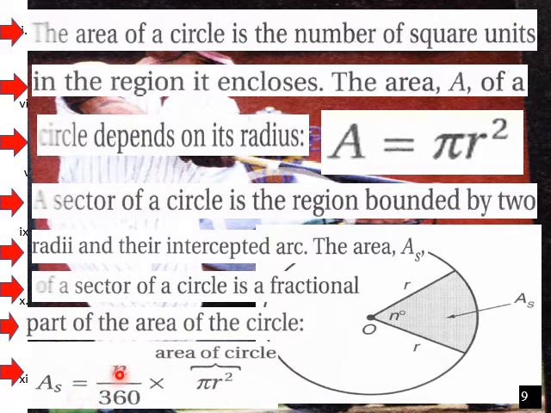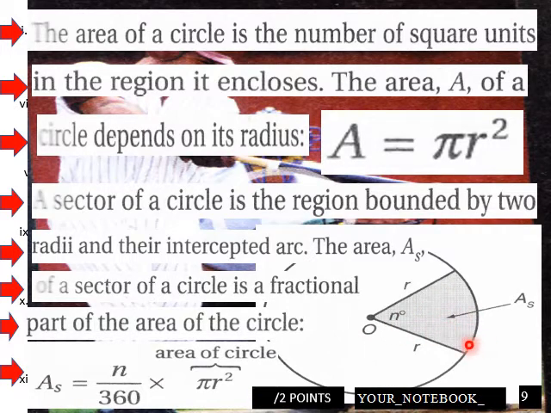So the area of S equals n over 360 times pi r squared, the area of a circle. It is a fractional part of 360, the degrees around the circle. What fraction of that circle times pi r squared gives you the area of a sector?